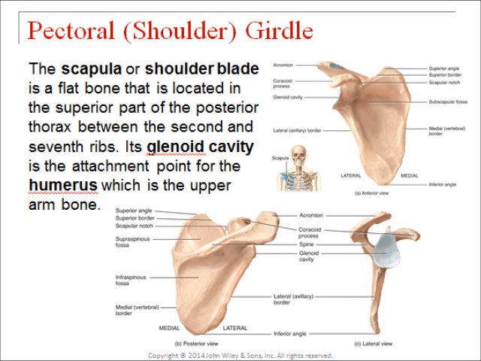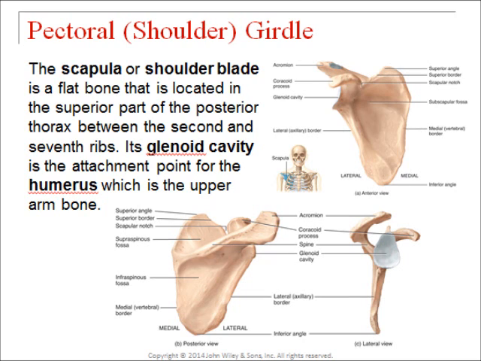Let's start with the posterior view though. The scapula has several borders and angles. So if I'm looking on your lower reading left at the posterior view of the scapula, my reading left side will be my medial side. So this side of the scapula with the blue line is called the medial border.